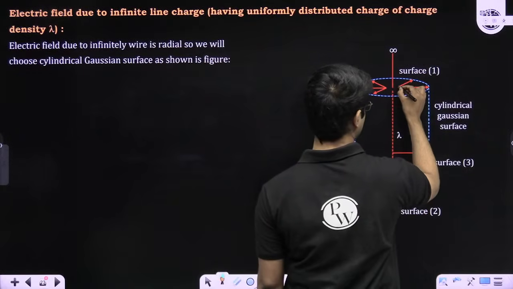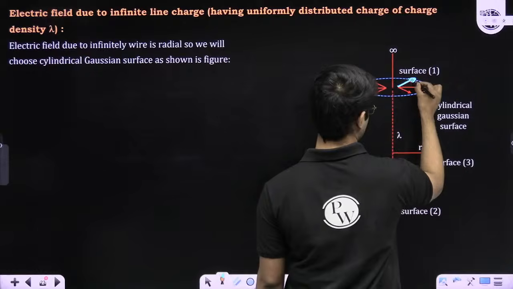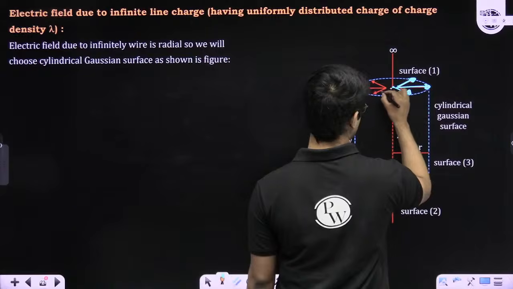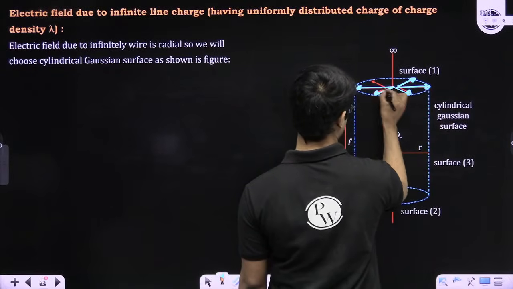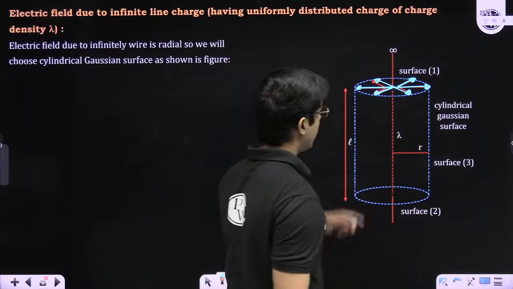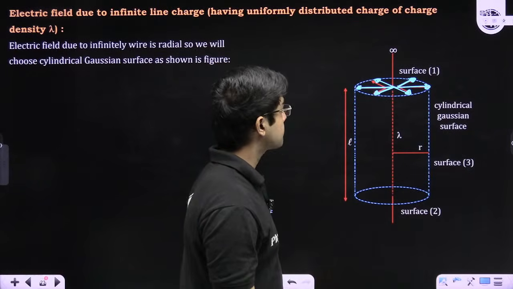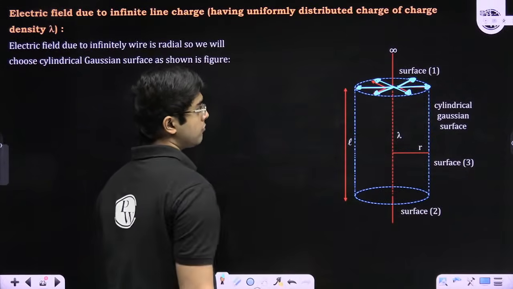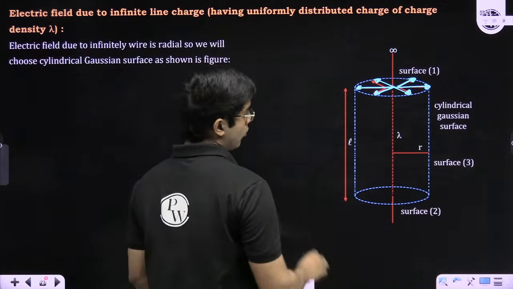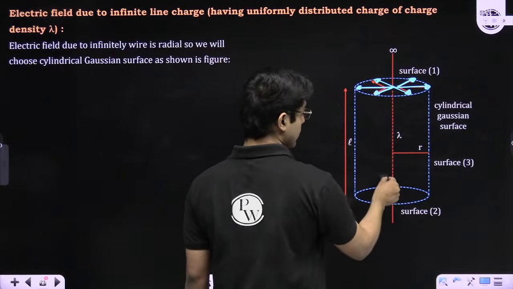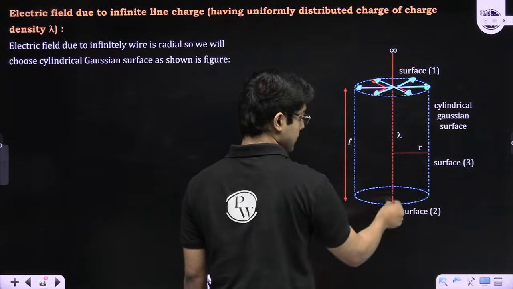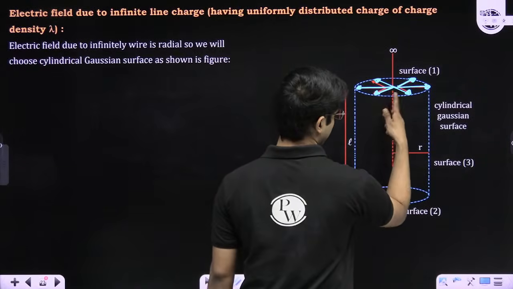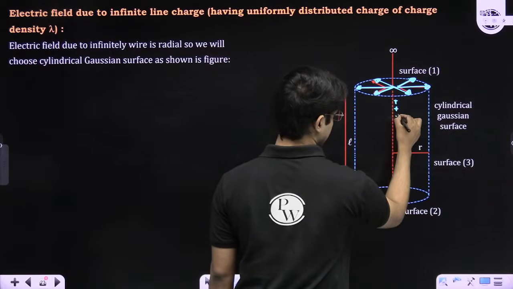The field lines will be perpendicular to the z axis, something like this, or in other words, it will be along this circle that you are seeing, parallel to the circle basically, and perpendicular to the infinite line. So what is this charge? Basically, we have a line charge, which means everywhere on this line we have charge distributed, on this straight line everywhere.